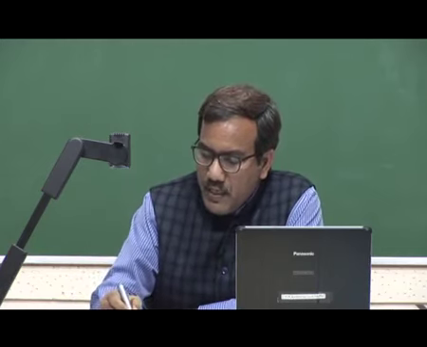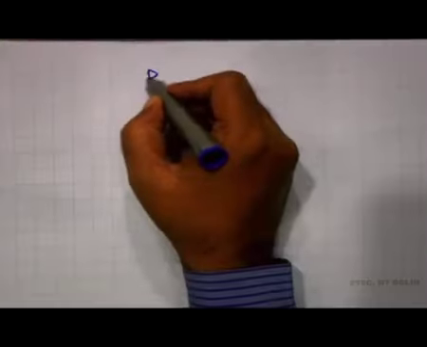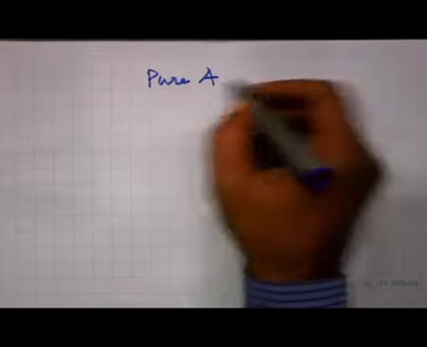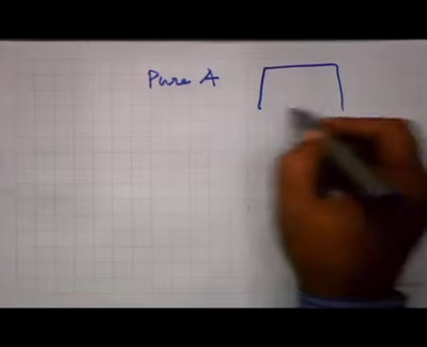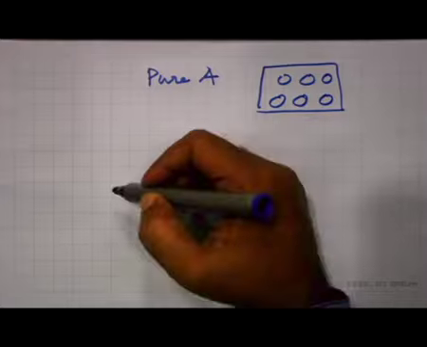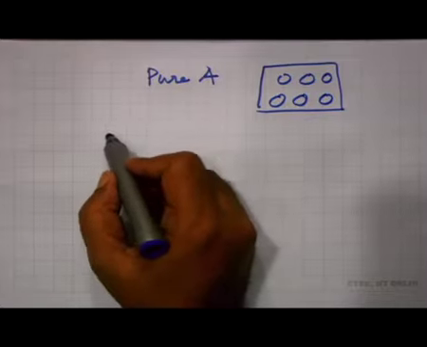So, suppose I start with pure A, then what will happen?